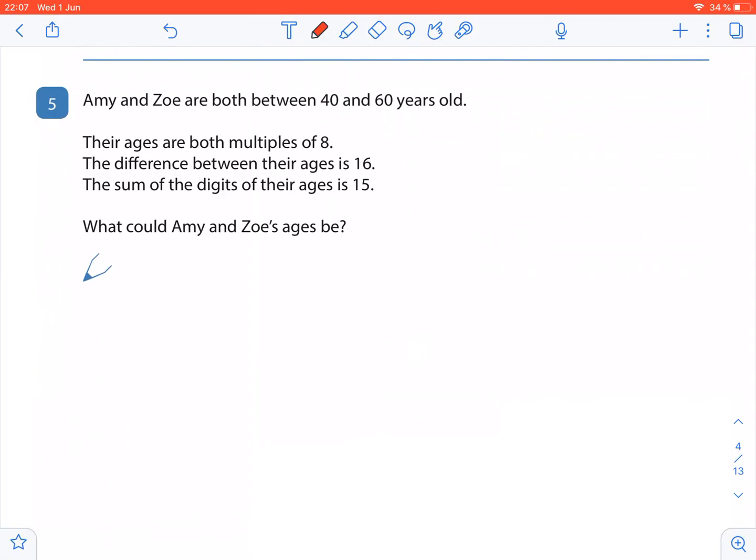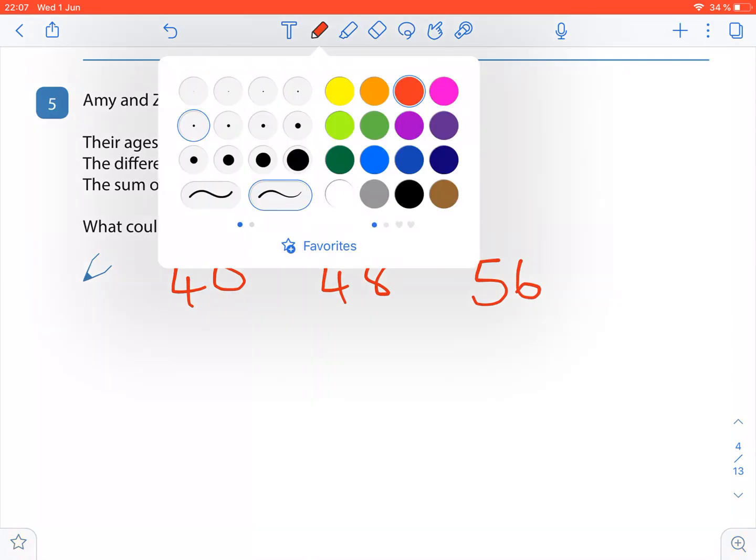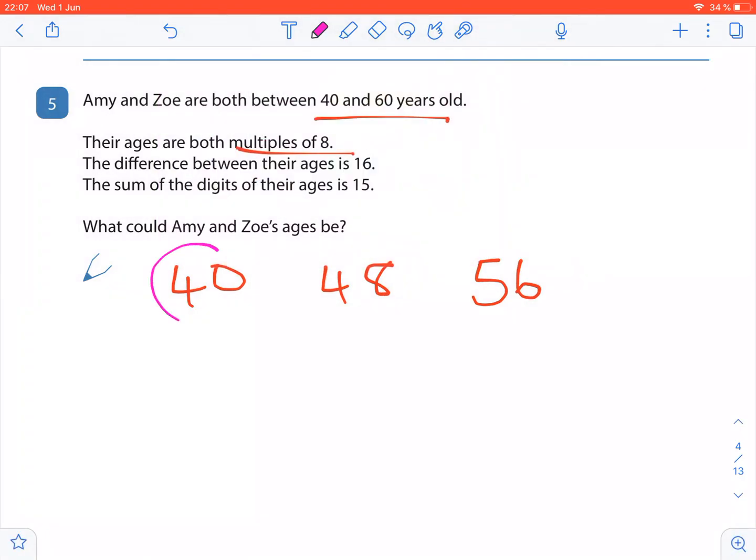So first of all, we're going to list all our multiples of 8 that are between 40 and 60. So 40 is a multiple of 8, 48 is a multiple of 8, and then 56 is a multiple of 8. And I'm going to stop there because then it goes over 60. You can then see that the difference between 40 and 56 is 16, so that satisfies that.